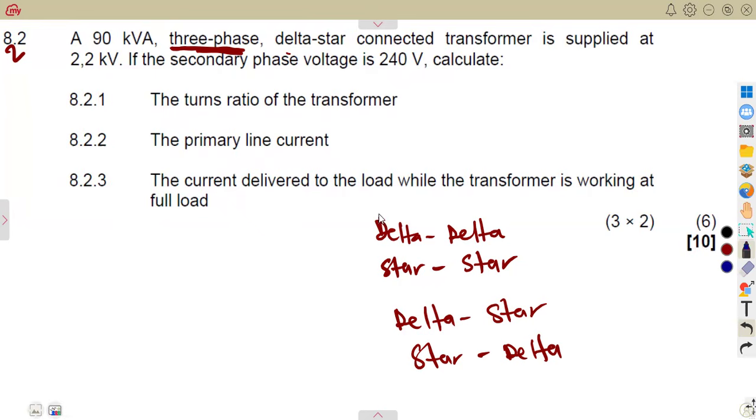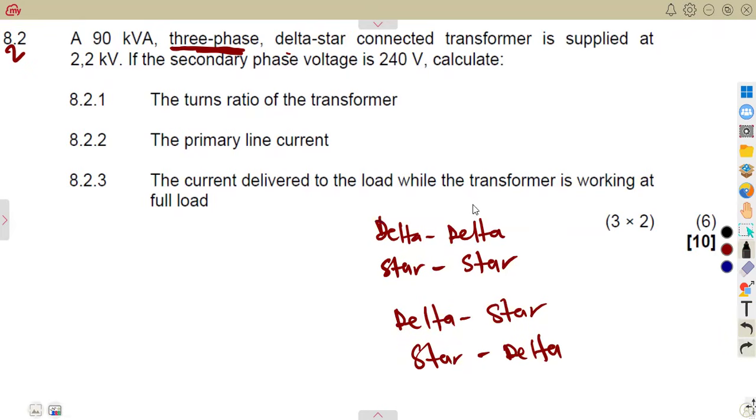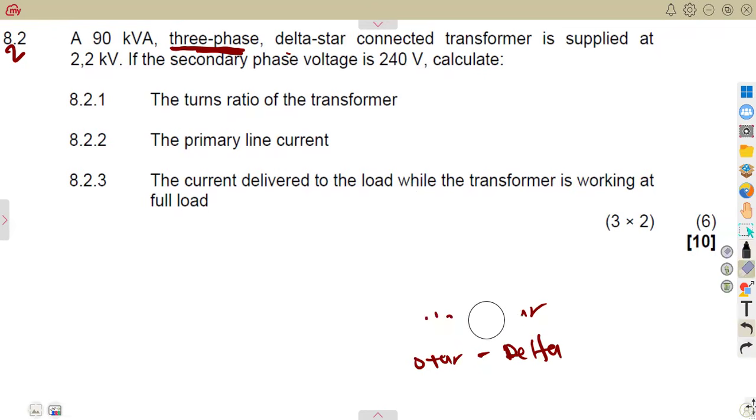So this tells you what is on the input side, which is the primary side. This tells you what is on the output, which is the secondary side. So in this case, what are we given? That is what you're supposed to consider.